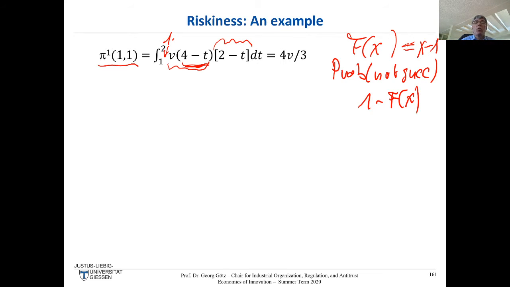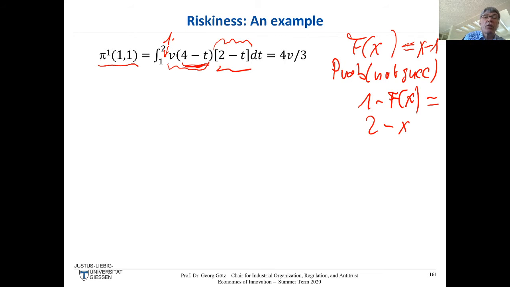And now, of course, 1 minus F(x) immediately gives us this 2 here. If F(x) is the above thing, you get just 1 minus x plus 1. So it would be 2 minus x. And this is exactly what I wrote here. Okay? That's important, but it should be clear. And with the uniform distribution, it's just straightforward. Yeah, but now we already have it.